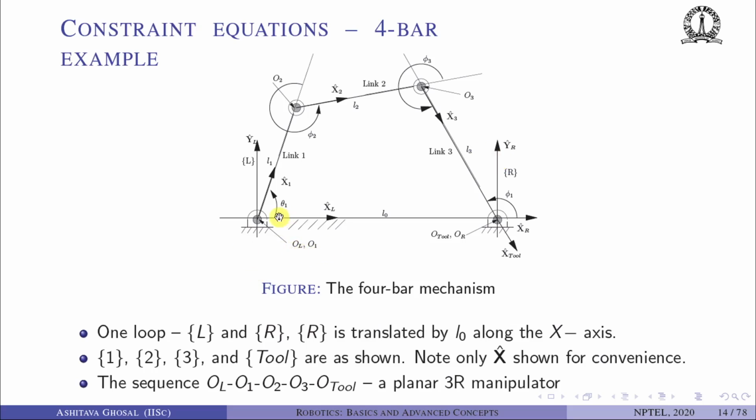So L to 1, then 1 to 2. We have a coordinate system here, 2. Then 2 to 3, then 3 to tool, and then tool to R. So over this loop, the multiplication of all these transformation matrices must be equal to the transformation matrix between L and R, directly going along the fixed base.